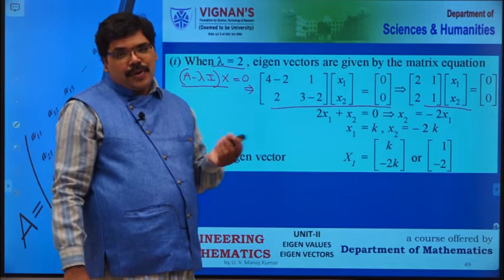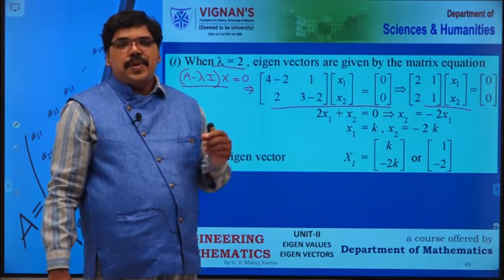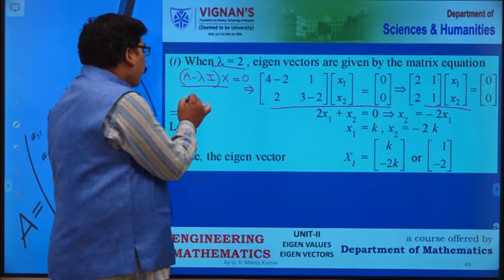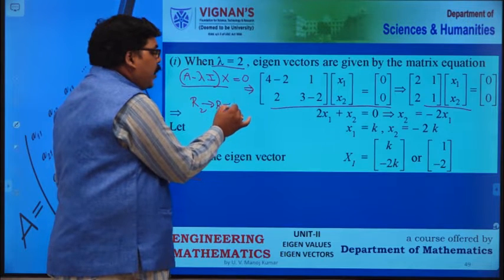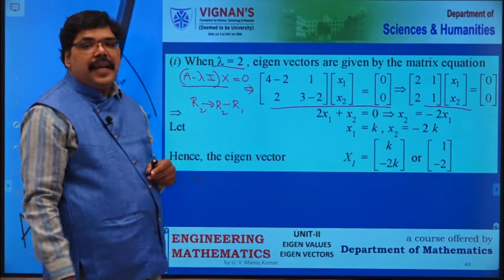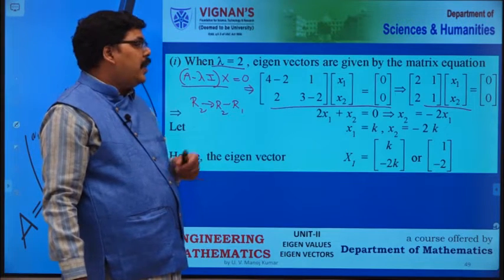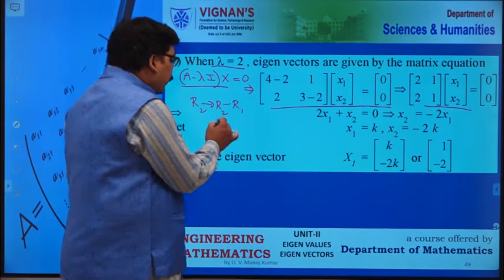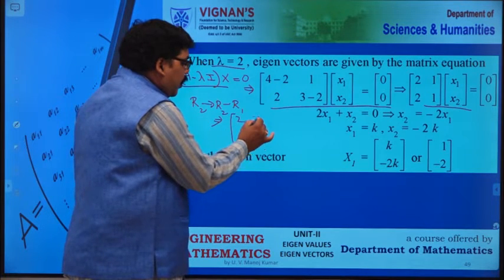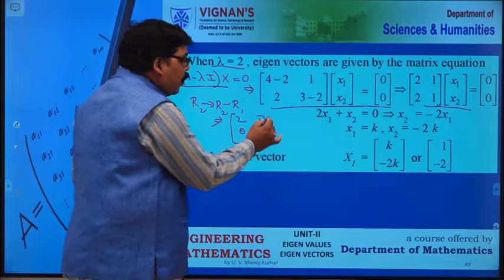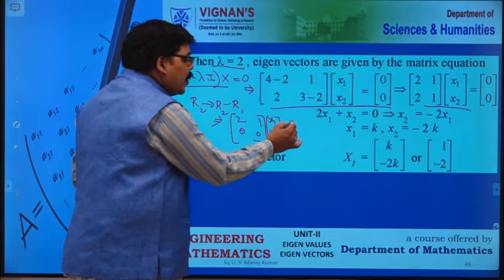What is the suitable row operation? If you see, the first row and second row are the same. So if I apply the row operation R2 changes into R2 minus R1, then I will get 2, 1, 0, 0, into x1, x2 equals 0, 0.